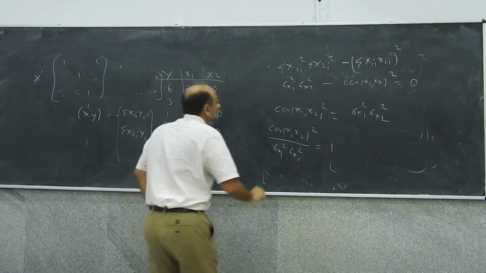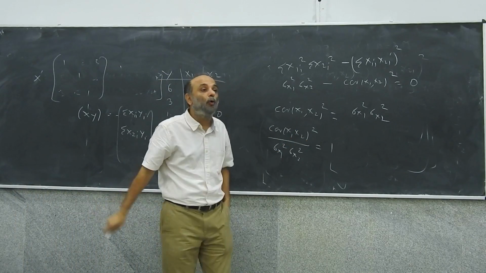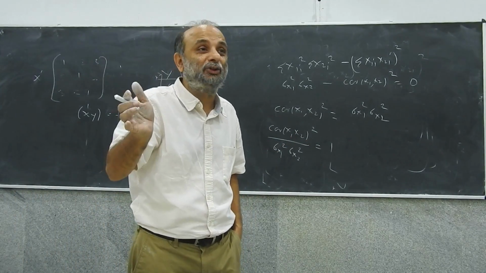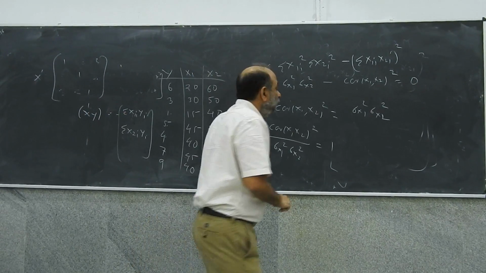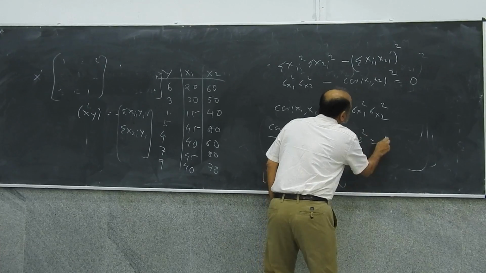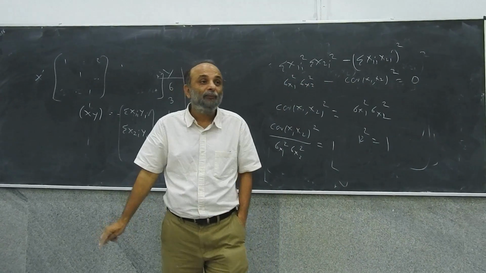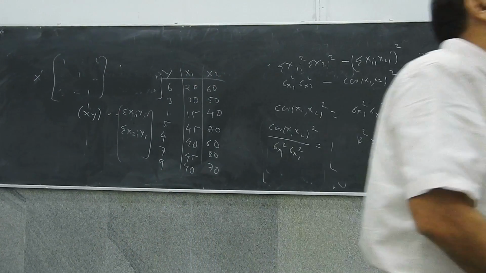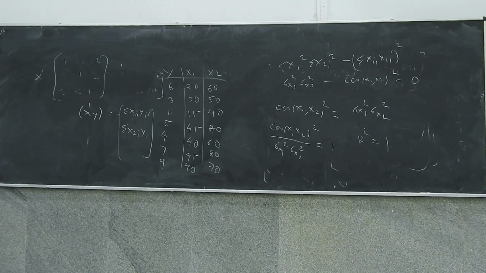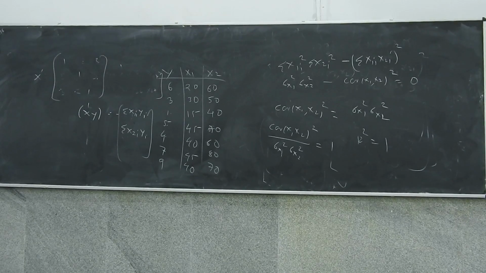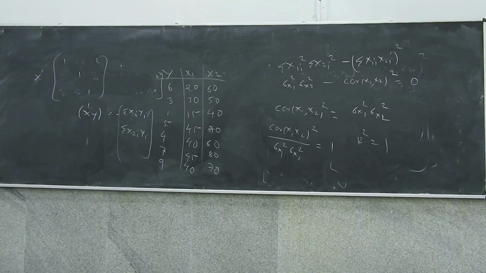But this is nothing but the square of the correlation between x1 and x2. If you write the correlation coefficient as r, then r square is equal to 1. So x1 and x2 are perfectly correlated. If x1 and x2 are perfectly correlated, then x dash x inverse will not exist and you will not be able to find beta.